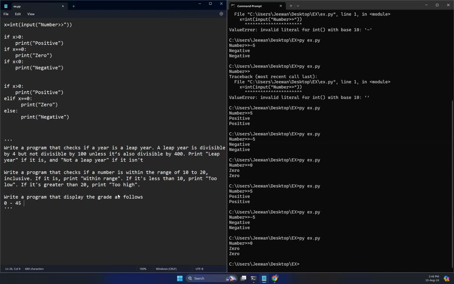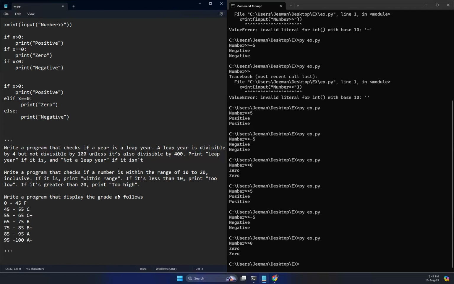If it is 0 to 45, F. 45 to 55, C. 55 to 65, including 55 to 65, C plus. 65 to 75, let's say B. 75 to 85, B plus. 85 to 95, A. And 95 to 100, A plus.